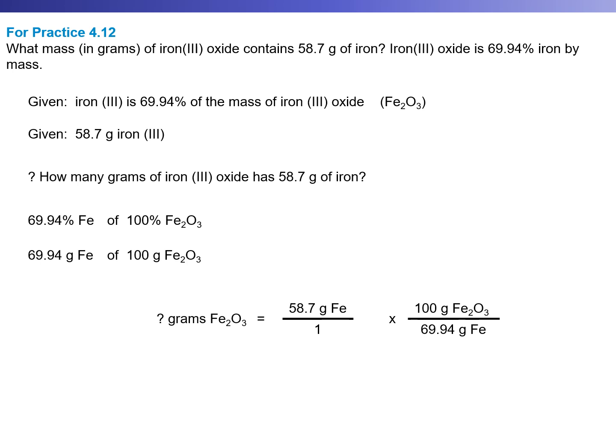The units that we're seeking are grams of iron oxide. And we're going to cross out the repeating terms, which means grams of iron go away. The only units that are left are grams of iron oxide. We do the math, which means we multiply 58.7 times 100 and then divide that by 69.94. That gives us the grams of iron oxide, which is 83.9 grams.